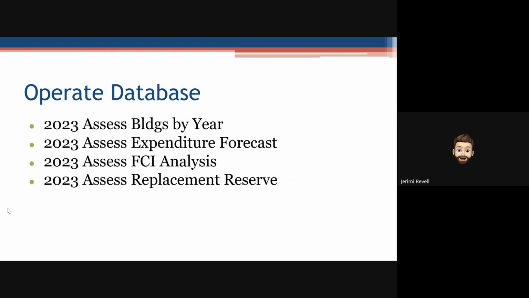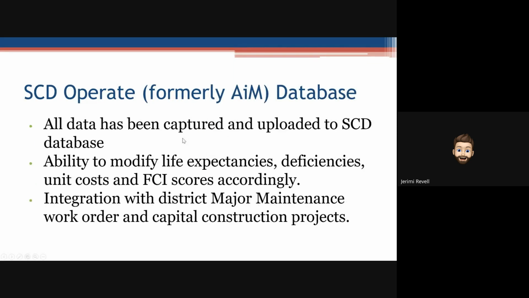We also intend to make these scores dynamic. So every year we're going to be adjusting based on the work that's being done to the buildings and the allocations that we're getting for repairs or replacement, as well as the deficiencies that'll come online.